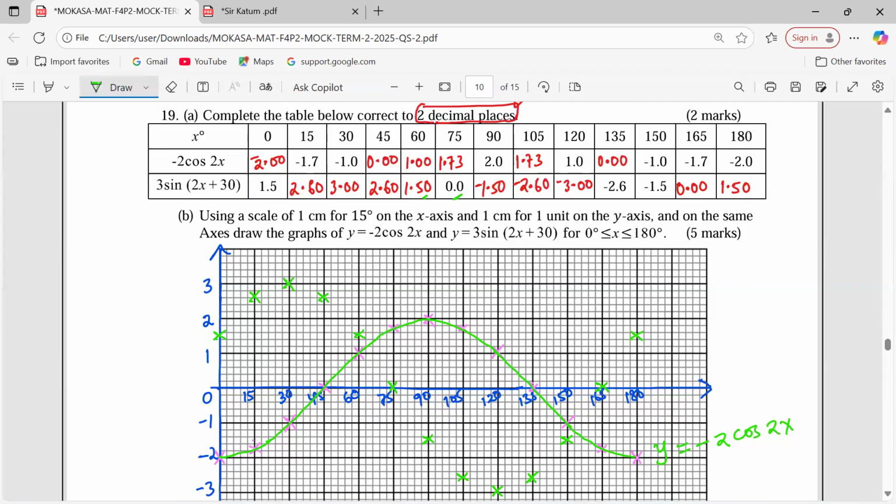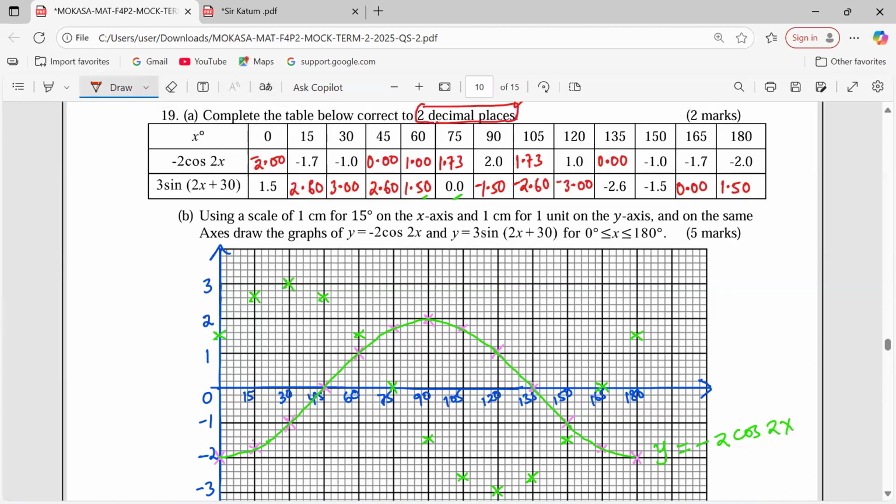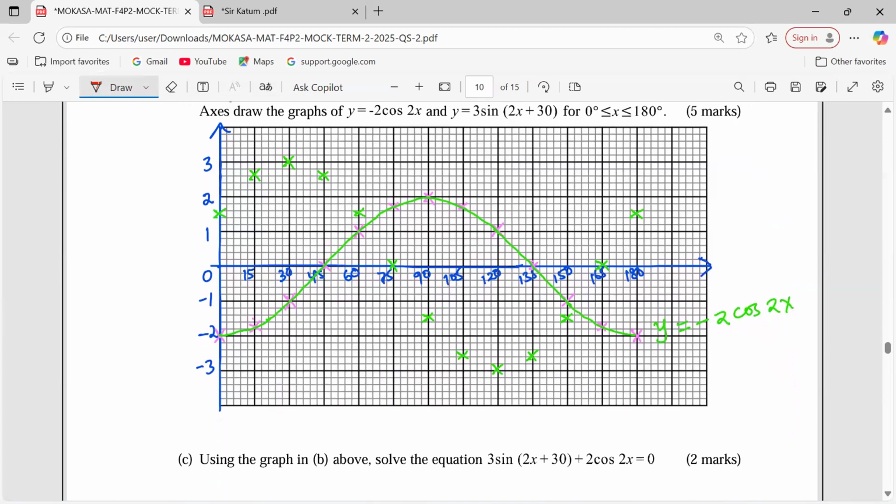So you see, we have the coordinates showing the curve, and we can join them smoothly to come up with the second curve. Look at the curve.